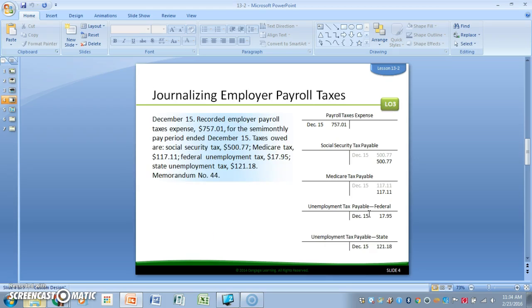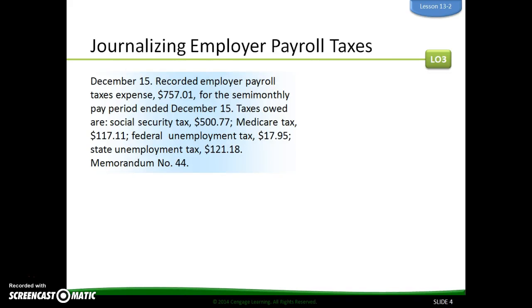Okay, so what you can see here in terms of journalizing the employer payroll taxes, let's go full screen. On December 15th, we're seeing a notation that we reported an employer payroll tax expense of $757.01 for the semi-monthly pay period.